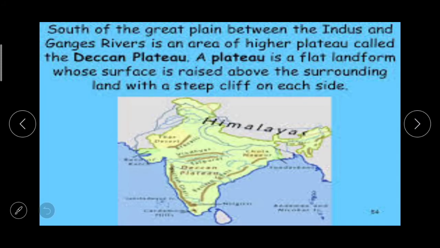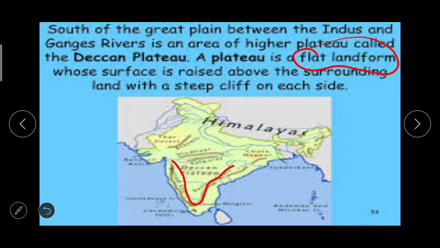South of the Great Plain between the Indus and Ganges River is an area of higher plateau called the Deccan Plateau. A plateau is a flat landform whose surface is raised above the surrounding land with a steep cliff in each side.